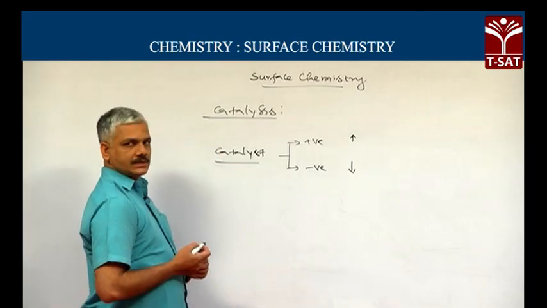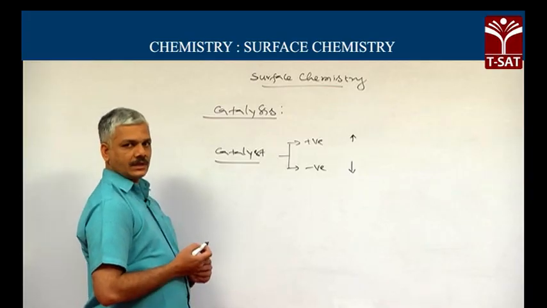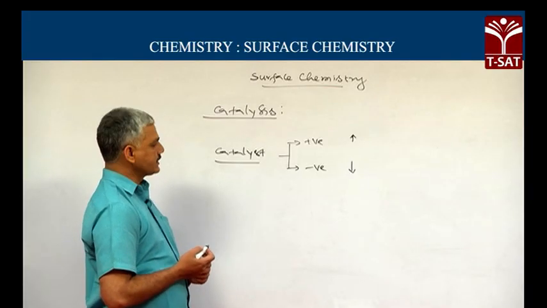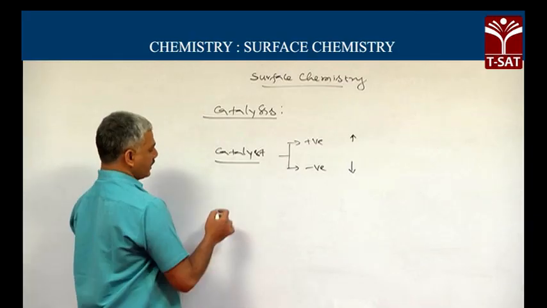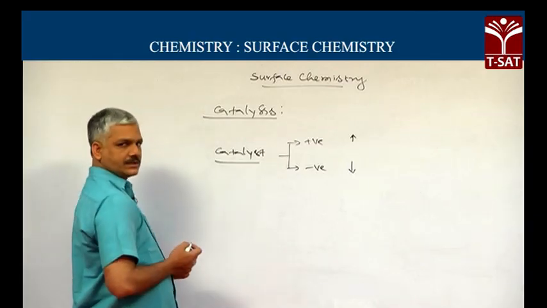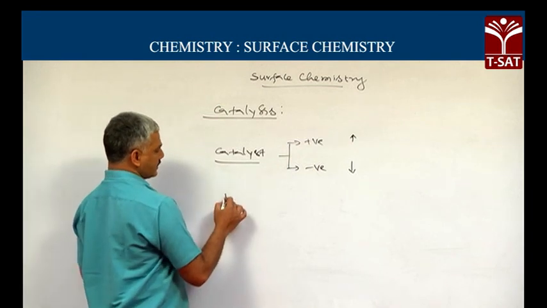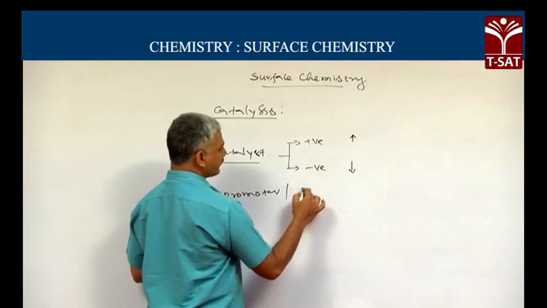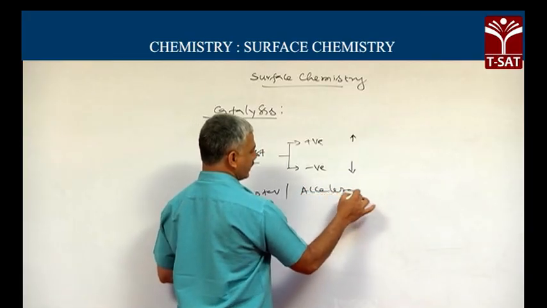Further, the efficiency of a catalyst can be either increased or decreased by the addition of some other substance. The substance that increases the efficiency of a catalyst is called a catalytic promoter or accelerator.